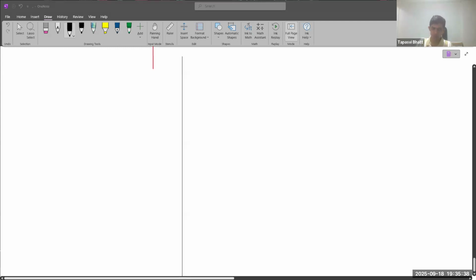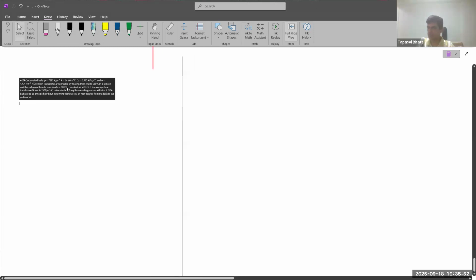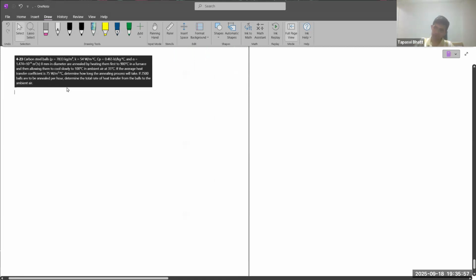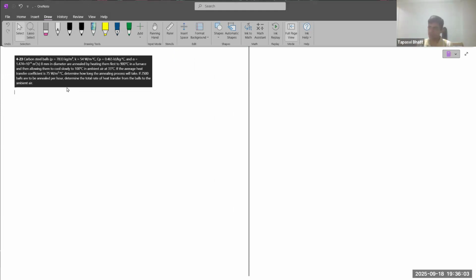Okay, let's move on to the next problem. The second problem which we've got is 4.23. So let's take a screenshot and then put it on the screen directly. Carbon steel balls of density 7833, thermal conductivity.